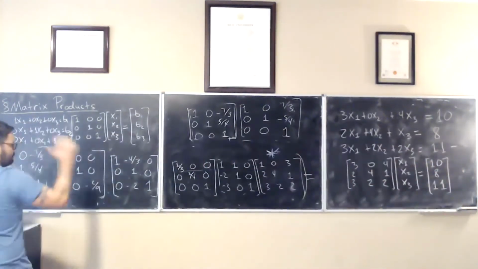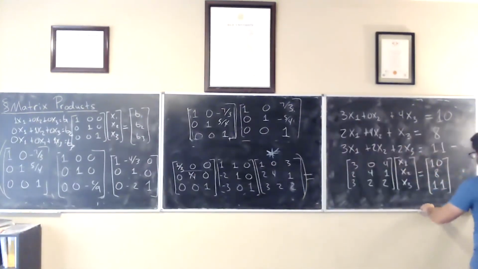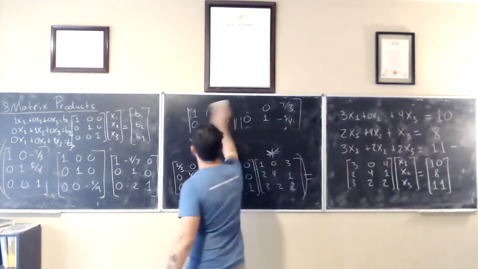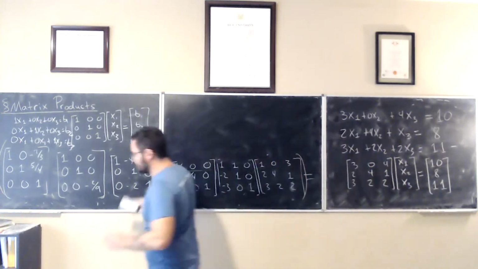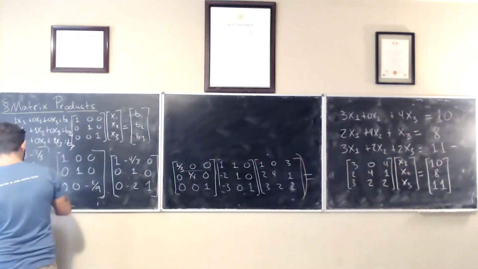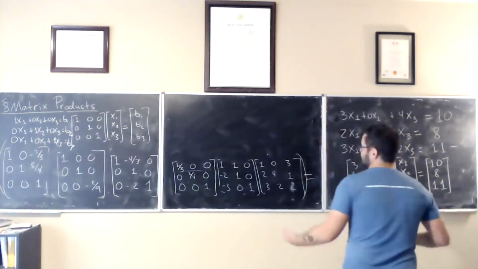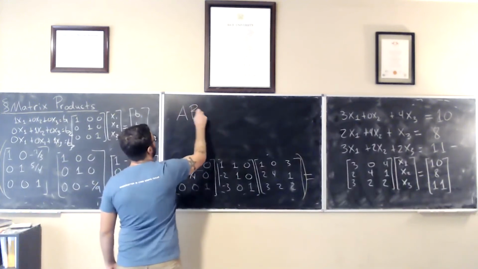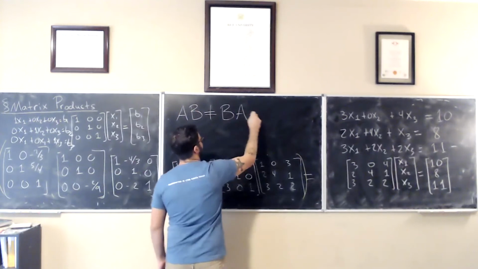Okay, so this is a fun little experiment we had today, a little game. But I did forget to mention one thing that's very important. If you really understand how matrix multiplication works, it should be clear to you that A times B is not equal to B times A in general.